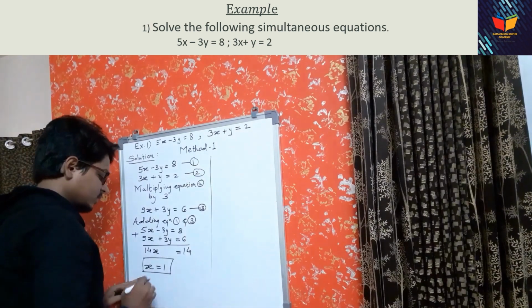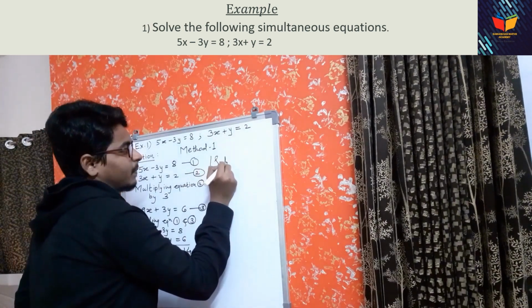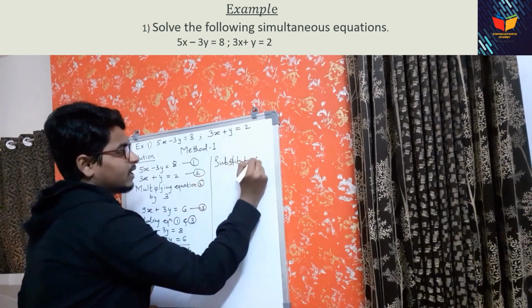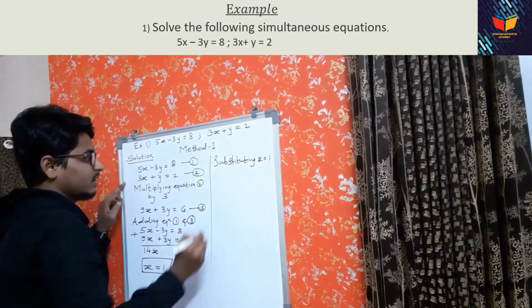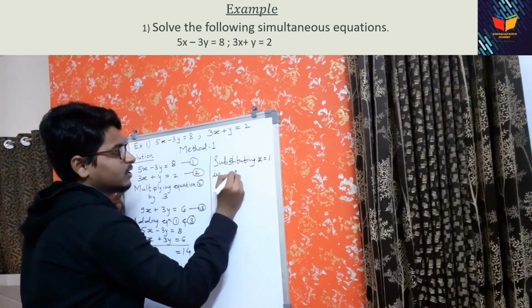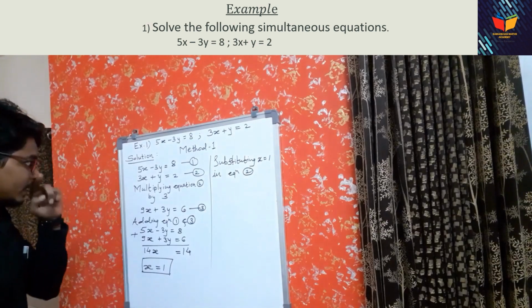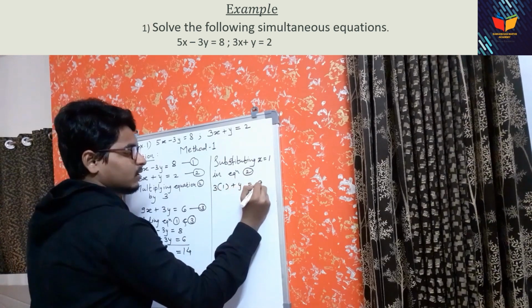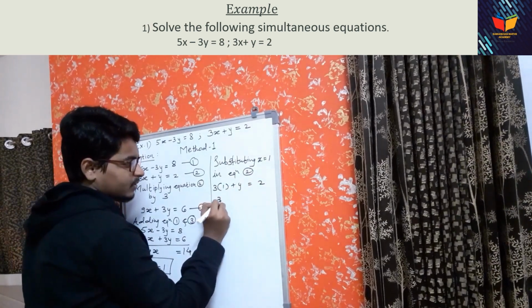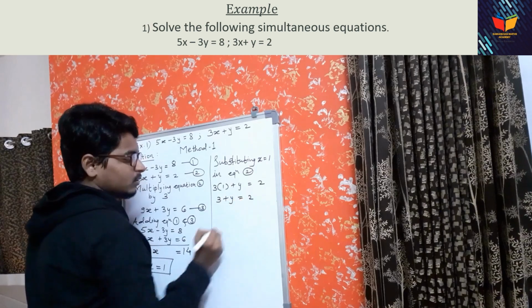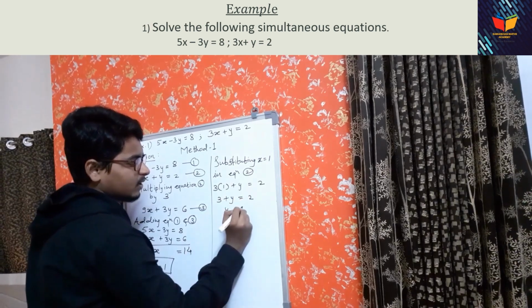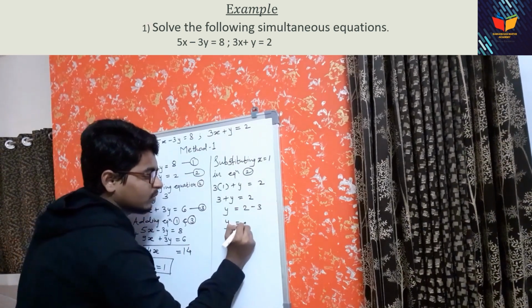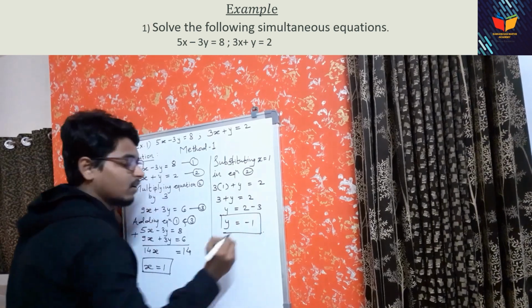Substituting x equal to 1 in equation 2, what we will get: 3 into 1 plus y equal to 2, which is 3 plus y equal to 2, and y equal to 2 minus 3, which is y equal to minus 1. It is the value of y.